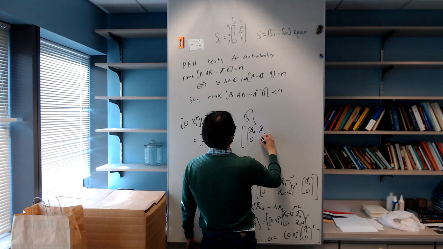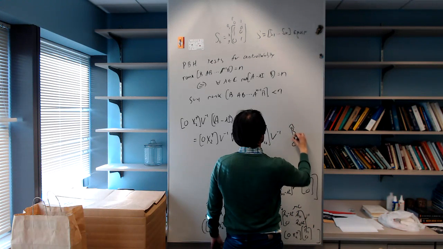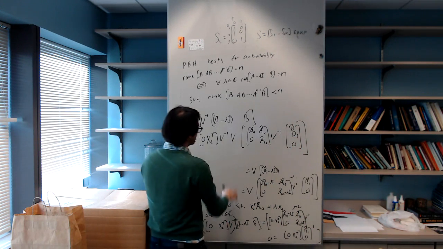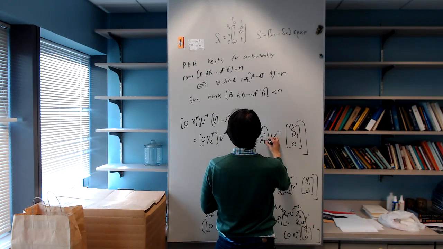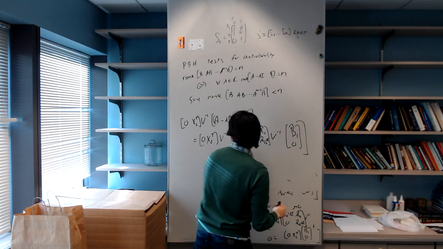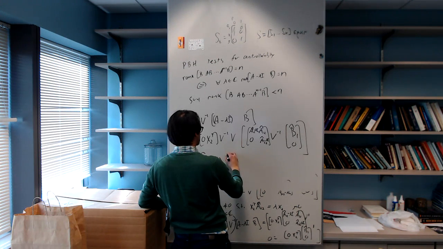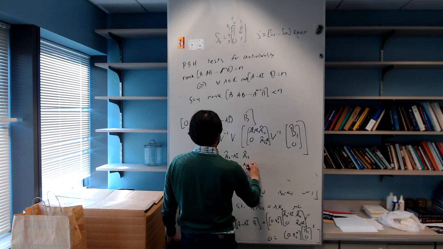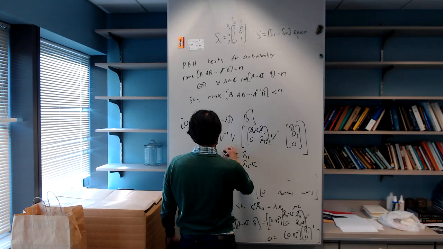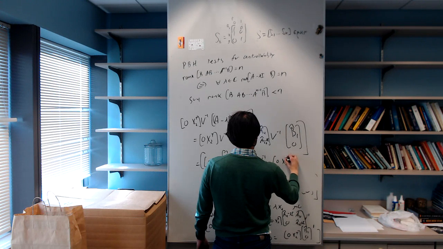A12, A22 hat, B inverse, B hat 1, 0. This is going to cancel out, and I need a minus lambda I and a minus lambda I over here. So it's going to be 0 x2 transpose A11 hat minus lambda I, 0, A12 hat, A22 hat minus lambda I, times V inverse times 0 x2 transpose B1 hat 0.